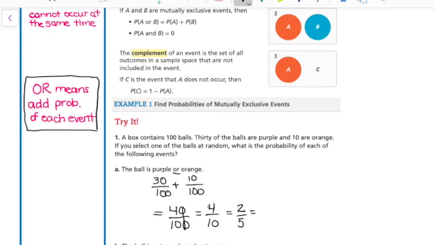You could also find the decimal of that by doing 2 divided by 5 in your calculator, which is 0.4. If you times that by 100, you get that it is 40% probability. So for your target today, I'm going to ask that you keep it in fraction form, but please know that all the other ones are correct as well.